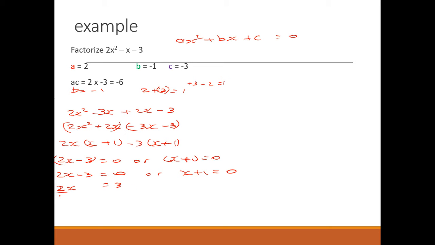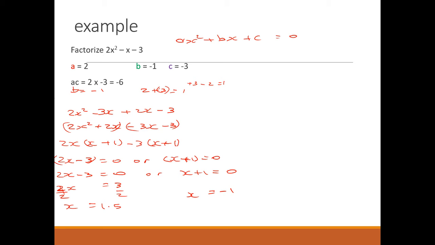Dividing by 2, x will be equal to 3 over 2, or we can say that is equal to 1.5. And now for our x on this side, because we're just taking over the positive 1, we're going to subtract 1, and our x will be equal to a negative 1.